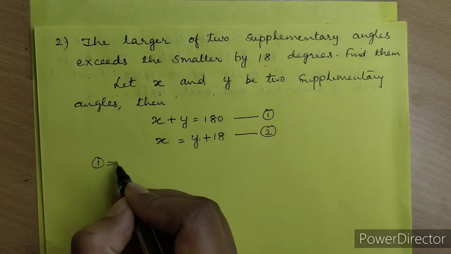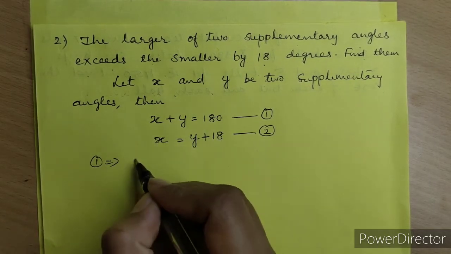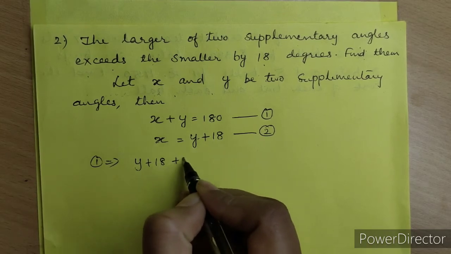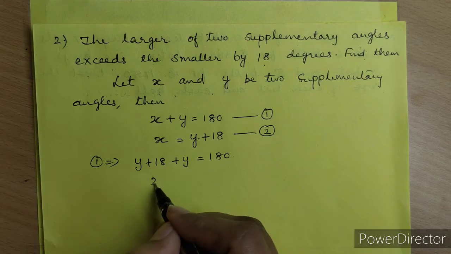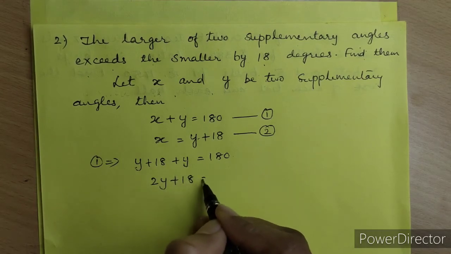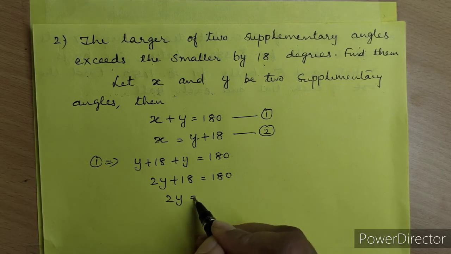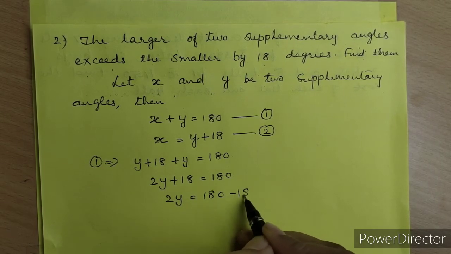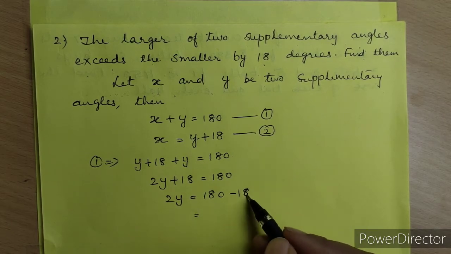So in the first equation you can substitute the value. Instead of x you can substitute y plus 18, plus y is equal to 180. y plus y is 2y, plus 18 is equal to 180, or 2y equals 180 minus 18. 180 minus 18, how much?